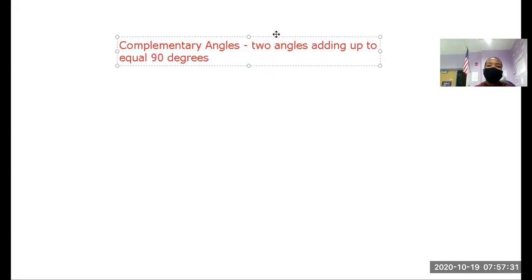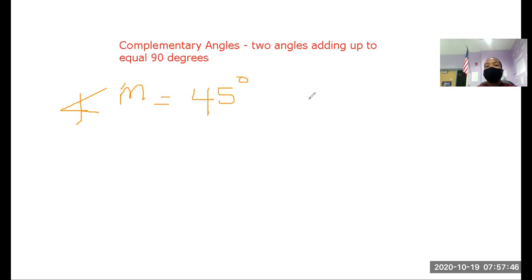So, for example, I'm using that sign to represent an angle. So I'm saying angle M is equal to 45 degrees, but I say it's complementary to angle L, then both these angles added up together should equal 90. So this one would be 45 as well.